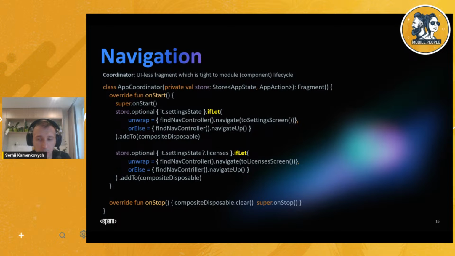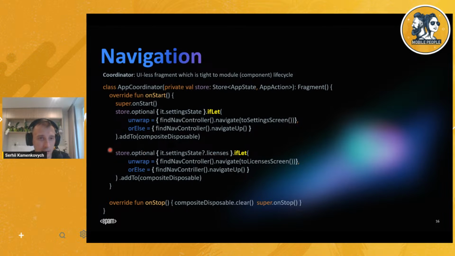Inside it, we subscribe to all substates in an order of increasing the depth of its presence in the state. I mean, inside the coordinator. So you see its setting state, and then the depth increased. We subscribe to licenses. If we do it in the opposite direction, it will mean that if we decide to navigate to licenses and we don't have the settings, we will create setting state and immediately create a licenses state.